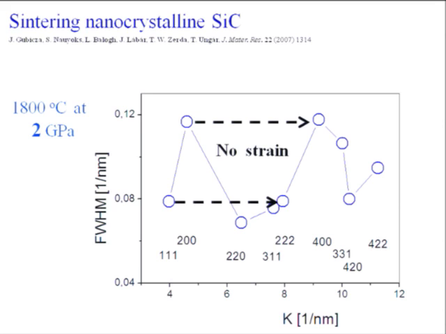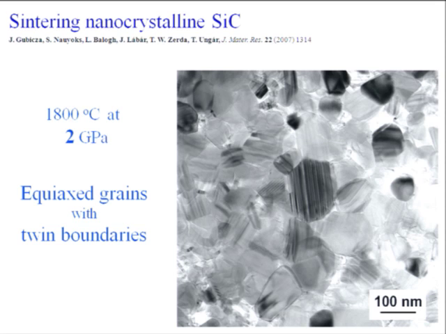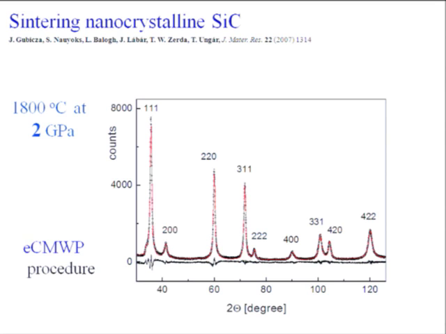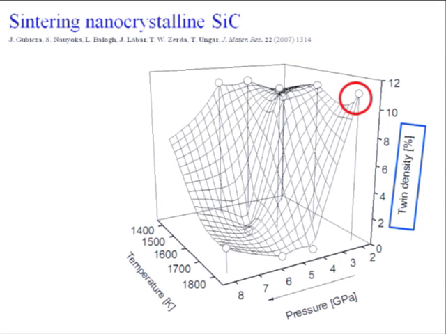You have practically a horizontal, no-strain Williamson-Hall plot, although there is a huge jump up and down of the full width at half maximum. This is the HKL dependence produced by twinning. And this shows how we managed to make a three-dimensional pattern of the effect of twin density as a function of sintering pressure and sintering temperature.